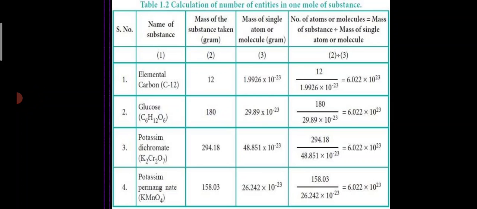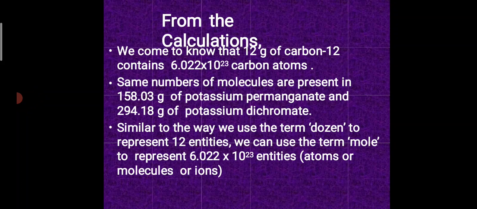In this case, 12 is the mass of the substance taken, divided by the single atom mass, 1.9926 into 10 power minus 23. If you do the calculation, you will get the answer 6.022 into 10 power 23. For whatever compound you do, you will get the same answer, because the number of atoms or molecules present in that amount of substance is 6.022 into 10 power 23.